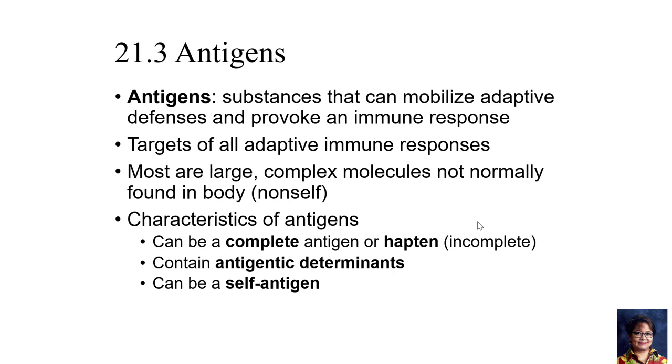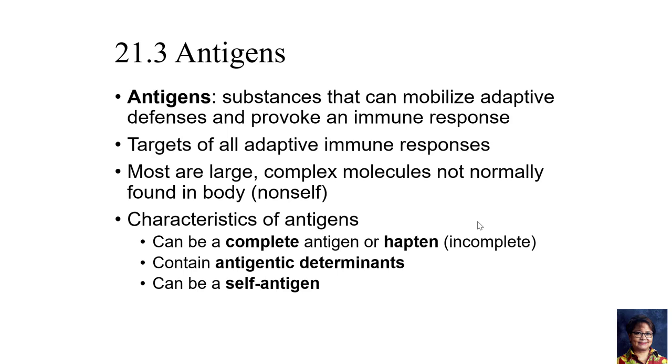So any bearer of the foreign antigen is actually going to be a foreign cell that they know they'll have to kill. So most of the antigens are large and complex molecules, and they're not normally found in the body. And pretty much characters of antigens, it can be a complete antigen, that means they are bound to a big protein. Therefore, they're very visible.